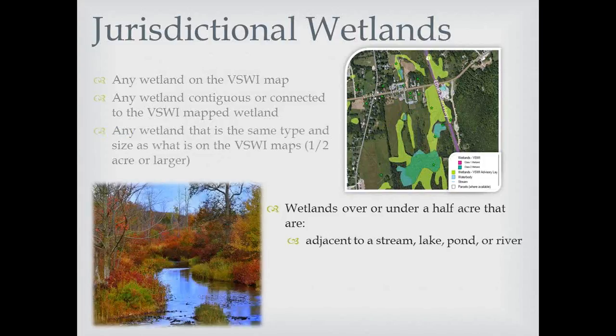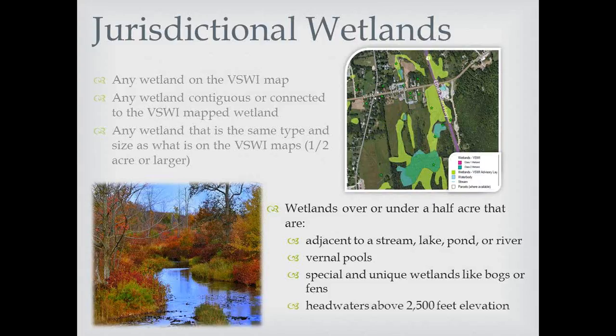If you're under a half acre in size and you're adjacent to a stream, lake, pond, or river, or you're a vernal pool, or there's a special and unique wetland like bogs or fens that would meet the exemplary natural community criteria, or it's a wetland at headwater above 2,500 feet in elevation, or the wetland is adjacent to an impaired water and so has significant function as related to water quality.